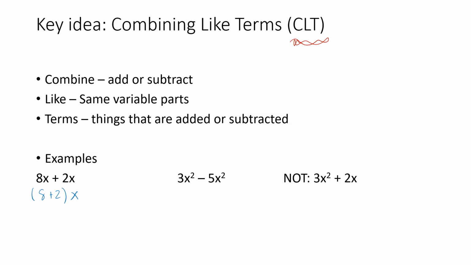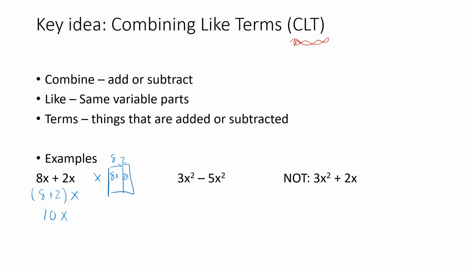So it would have looked something like this. You would have had the x, and then this would have been the 8, and then this would have been the 2. And so you had 8x plus 2x. And so we could write that as 8 plus 2 times x, which of course is 10x.